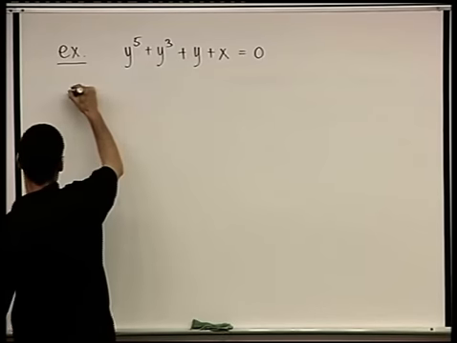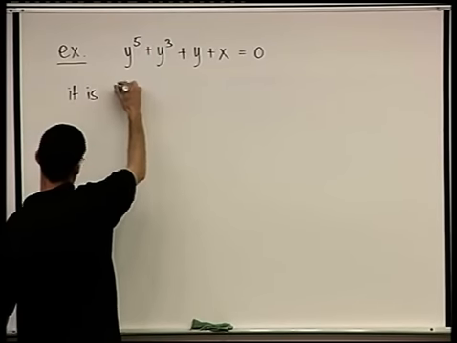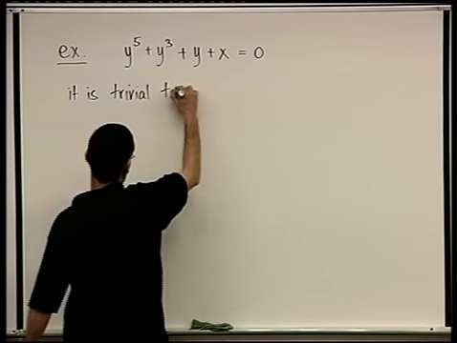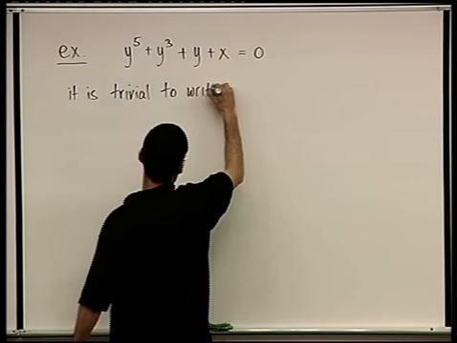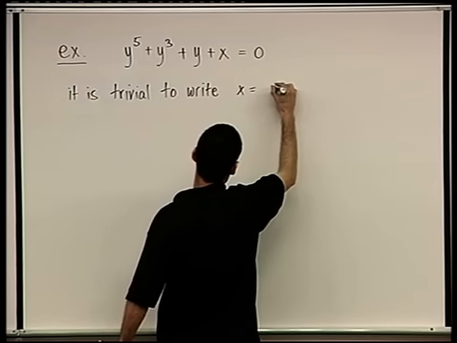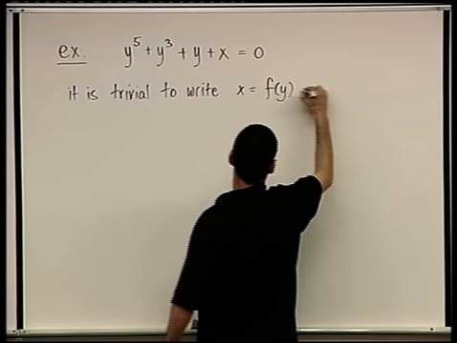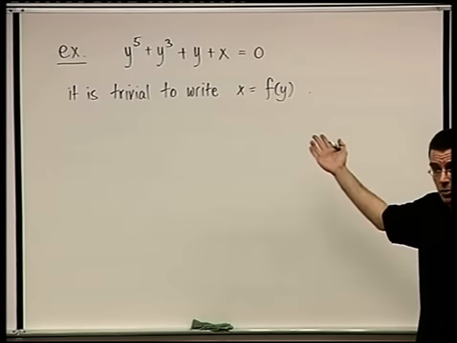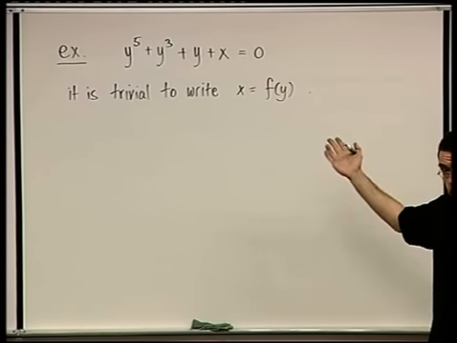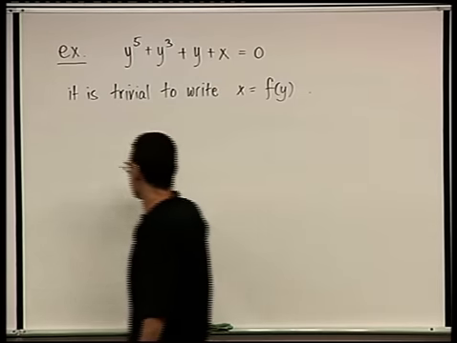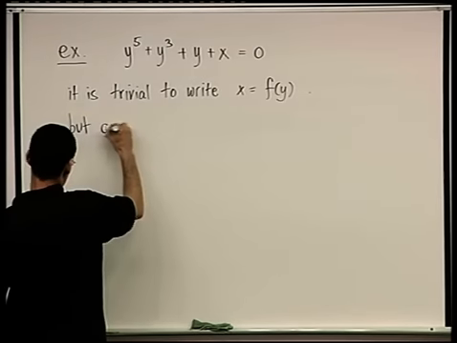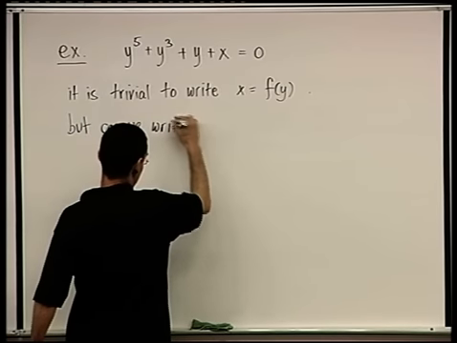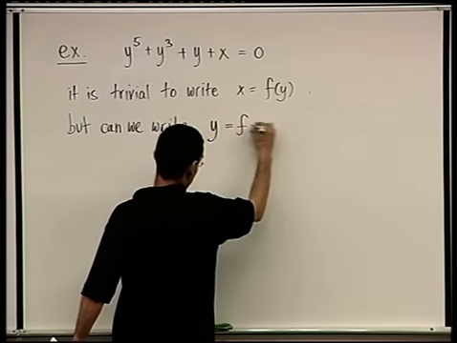So in this case, it is trivial to write x equals some function of y. Do you agree? And it would be true for any x. There's no restriction, right? But can we write y as a function of x?